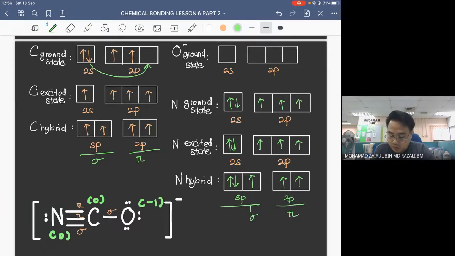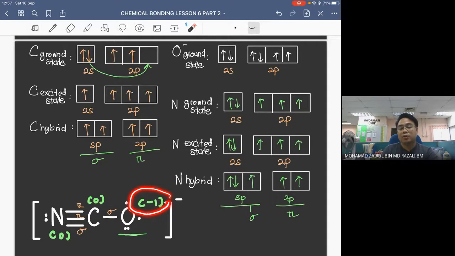Okay, oxygen. Okay, the valence electron for oxygen is 6. Okay, so maknanya dia adalah 2s2 2p4. Okay, tapi kita tengok oksigen itu sekarang ni ada formal charge equals to -1.